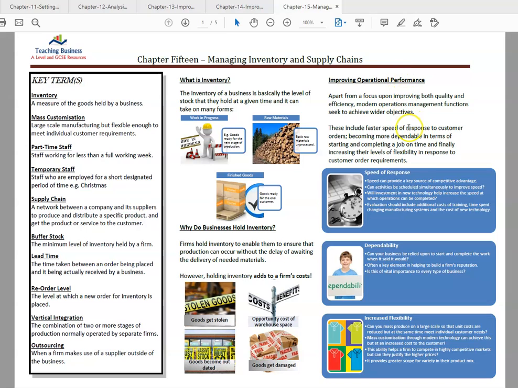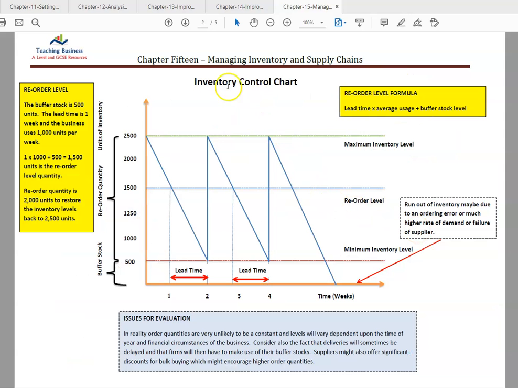And here's a little extra about the operational performance. Of course, we have the inventory control chart. It is vital that you learn to recognise it and its key elements. You need to know at what point you need to reorder.